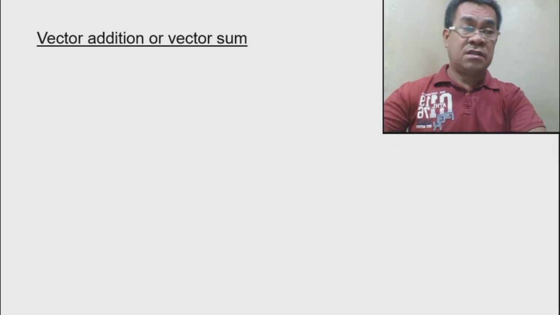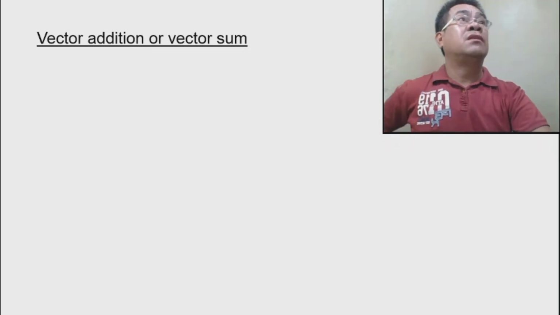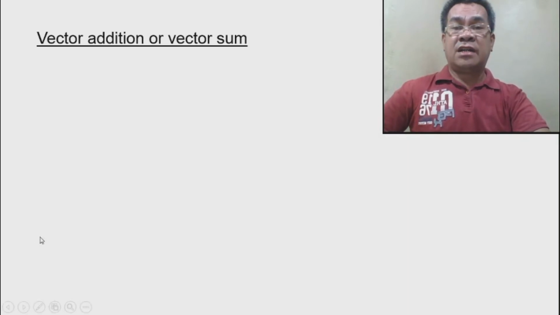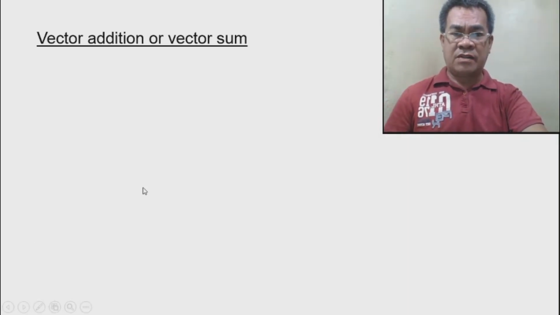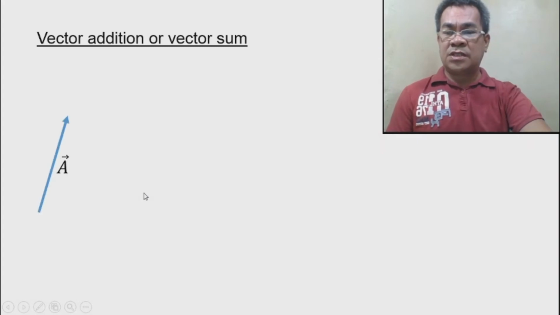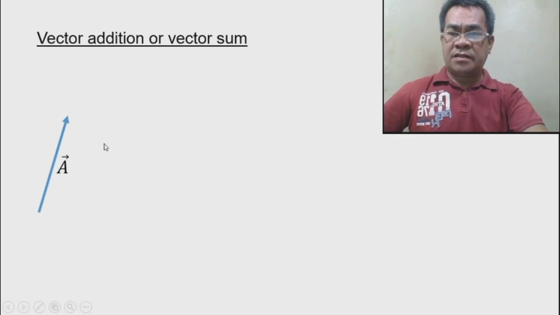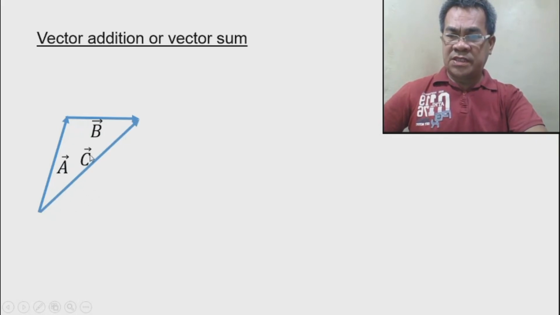So suppose I have vector A and vector B, where the tail of vector B is connected to the tip of vector A. Then we have another vector C, where the tail of C is connected to the tail of A, and the tip of C is connected to the tip of B.